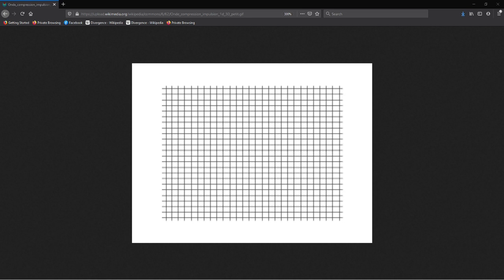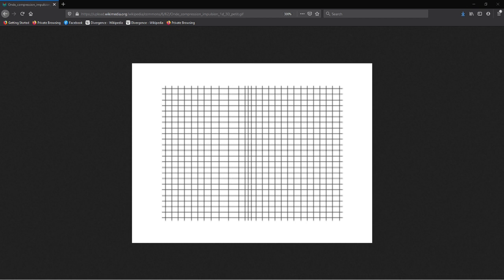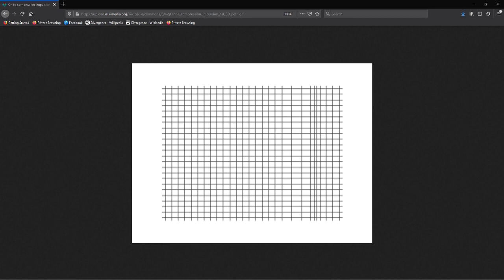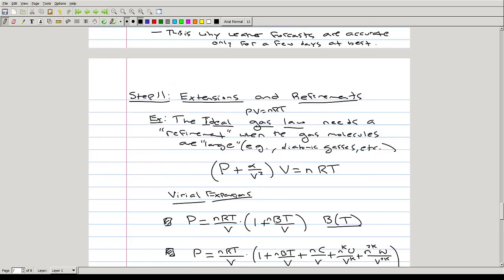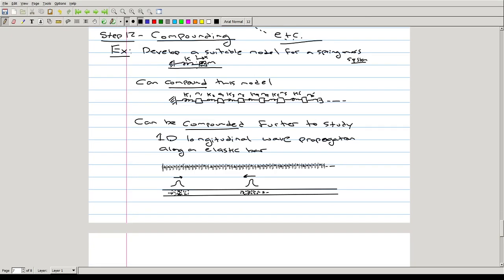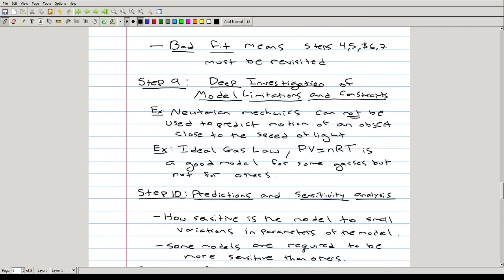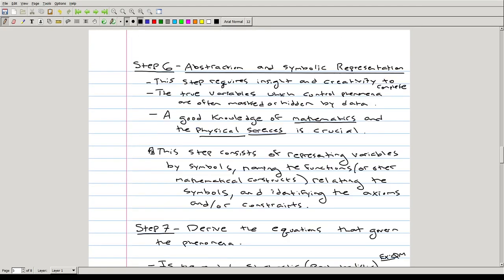If you jostle one end, this disturbance will move through it. So this finishes this 12-step process. Essentially, it gives us a great summary of everything we need to know about mathematical modeling.